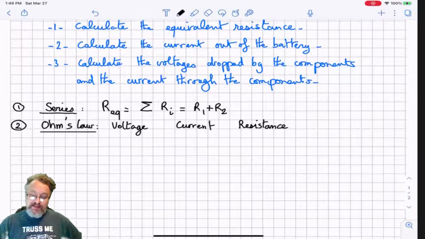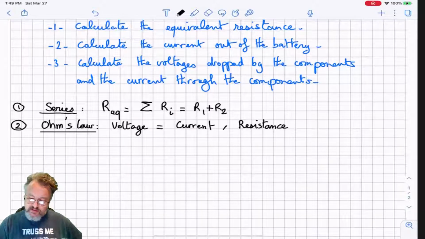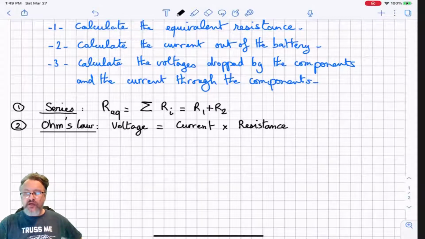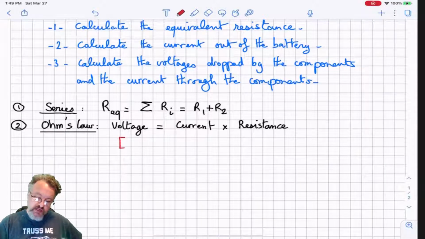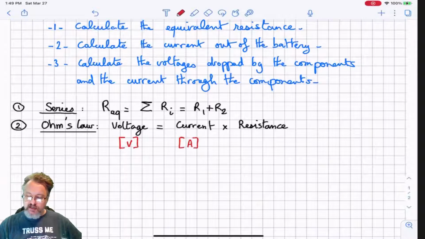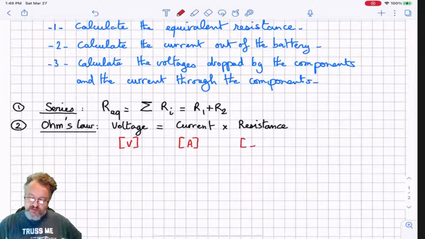Okay. And essentially, Ohm's law says that the voltage will be equal to the current times your resistance. Now, you need to be careful. In order for this to work, the voltage has to be expressed in volts, the current has to be expressed in amperes, and the resistance has to be expressed in ohms.